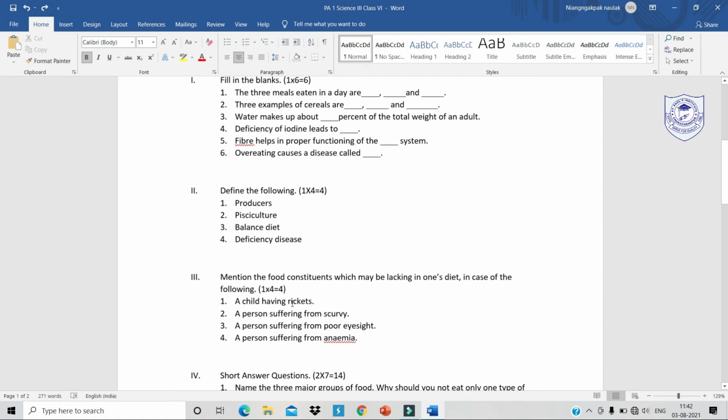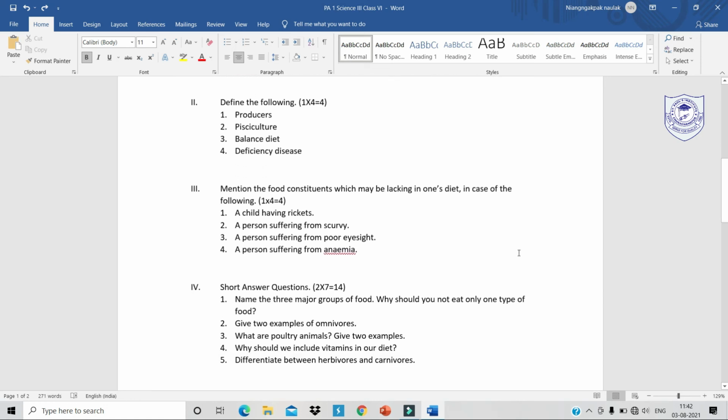Here a child having rickets is lacking vitamin D. A person suffering from scurvy is lacking vitamin C. A person suffering from poor eyesight is lacking vitamin A. And a person suffering from anemia is lacking iron in their diet. So when attempting your questions, first you have to read and understand the questions.